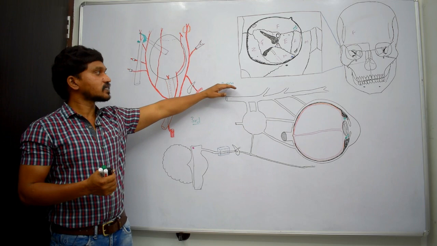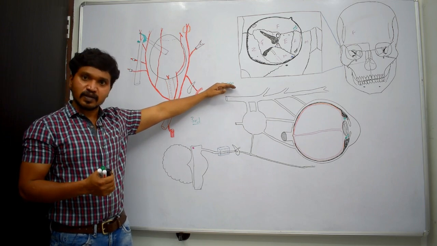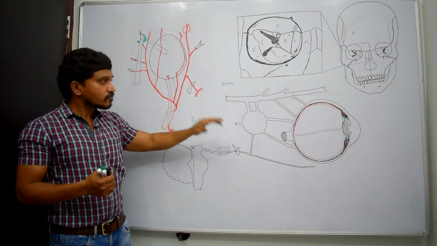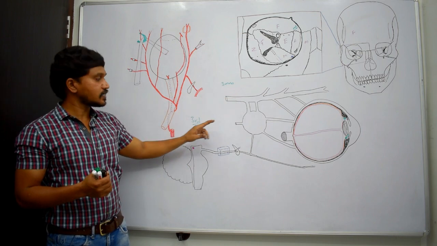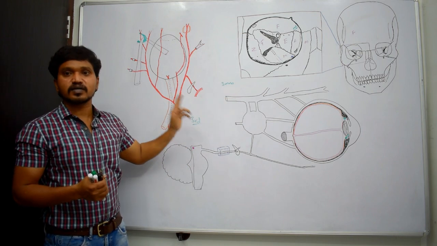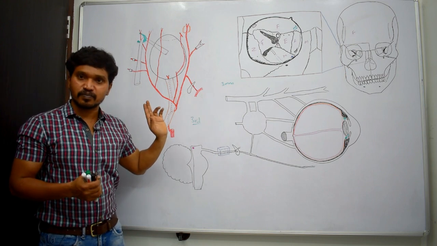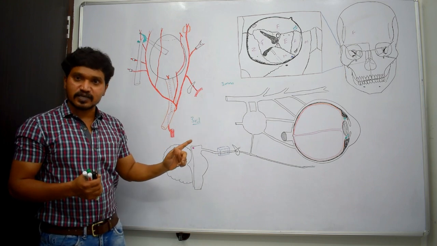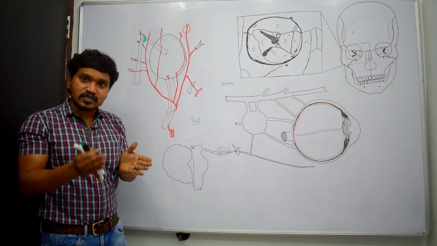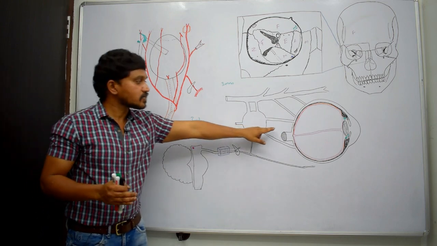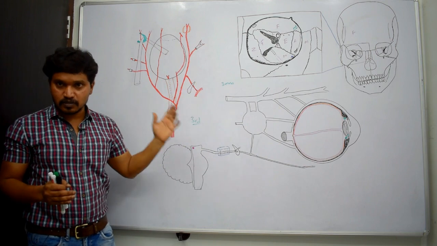It is around 3 millimeters in diameter and topographically related to the nasociliary nerve, but functionally related to the third cranial nerve, that is the oculomotor nerve, right? And it is present at the apex of the orbit, sandwiched in between the optic nerve and lateral rectus muscle.